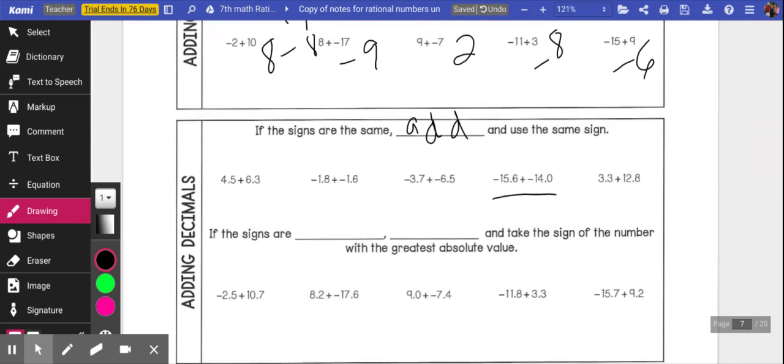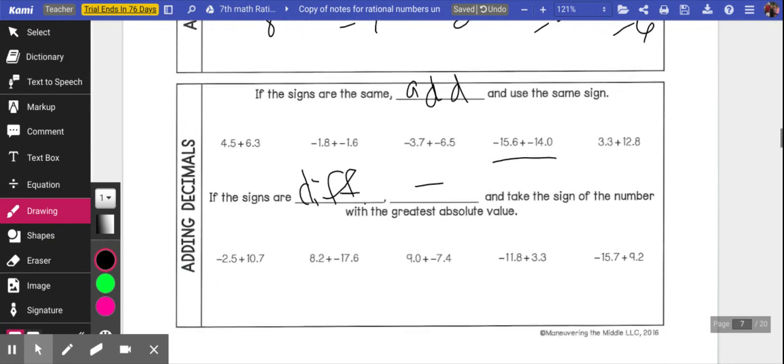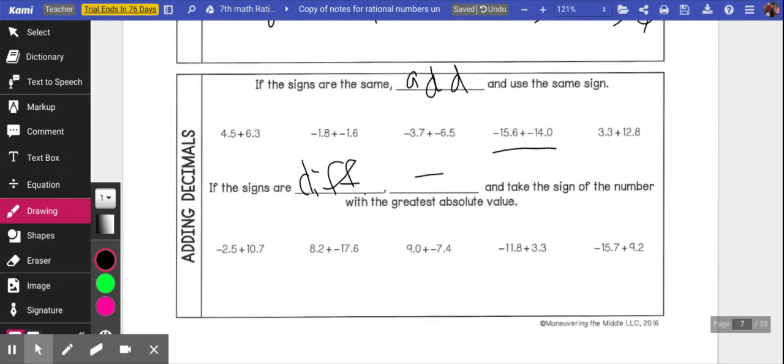If the signs are different, again, we subtract. I'm just going to write the subtraction sign. This is where it's really important. For example, on the very first one, you're going to subtract because the signs are different, but we need to put the 10.7 on top or we're going to get messed up.